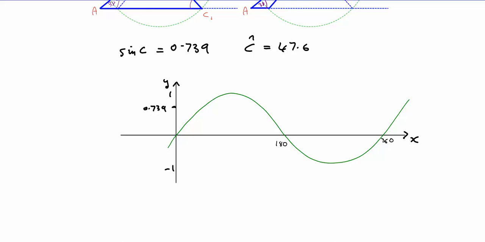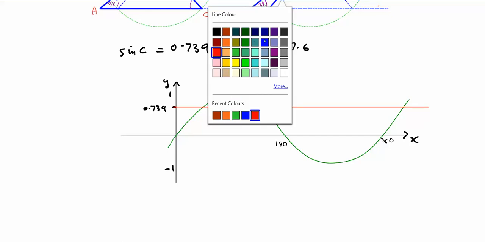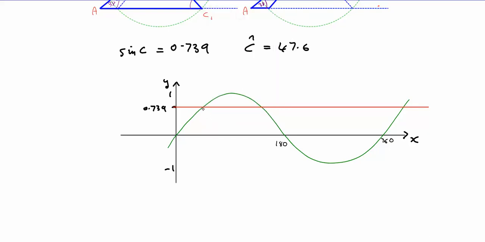So if I draw a horizontal line across, like that, we can see that there are two values of x that give me the sine of x 0.739, either this value here or this value here.